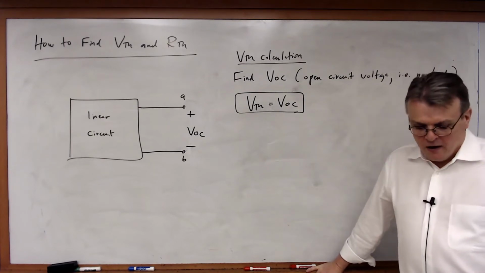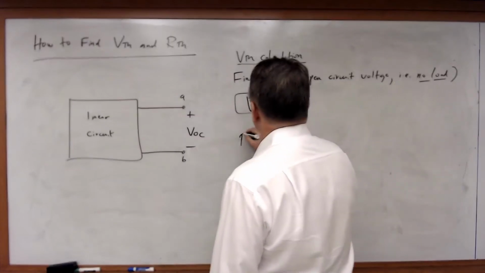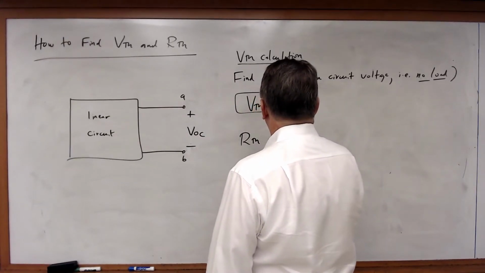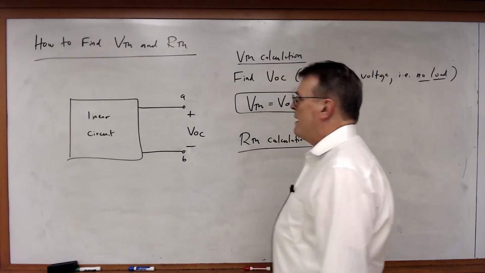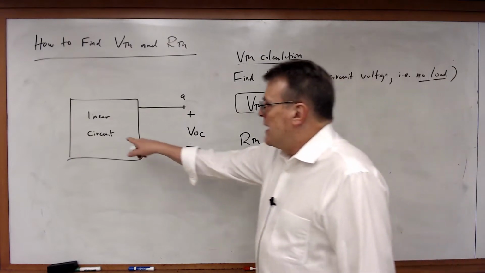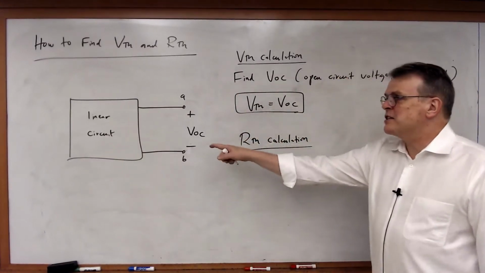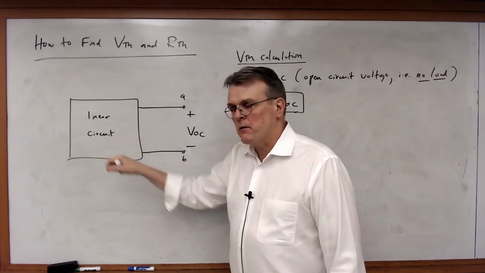Now, how do we find Rth? For my Thevenin resistance calculation, I take this circuit and I set any independent sources in it to 0.